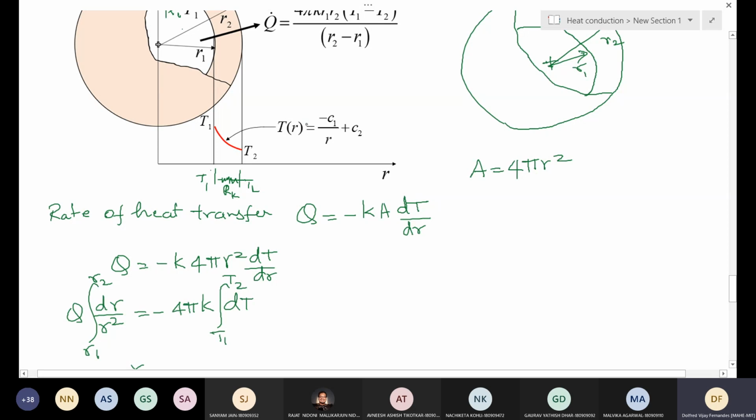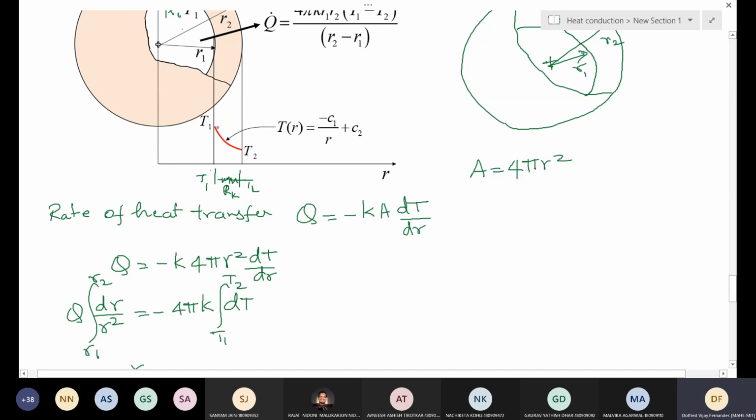Now, if I repeat the similar analysis for the planar wall and spherical wall, definitely you know that the heat transfer from the spherical wall is more than planar wall, right?